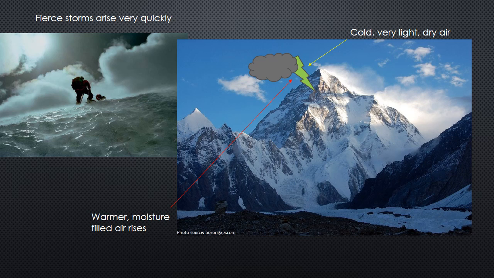But nearby, only a few miles away, you have a looming mass of lighter, cooler, drier atmosphere sitting right next door. So it only takes a small shift in wind to make these two collide and have a sudden, unexpected, violent storm arise. And that happens often on Everest.